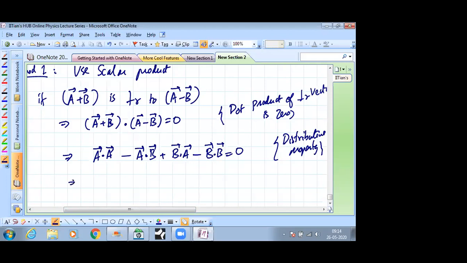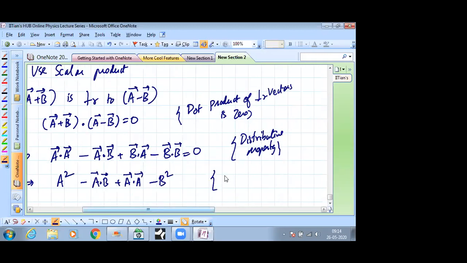Okay. Now next step, A dot A is nothing but magnitude of A square. Okay. And A dot B is the same thing as B dot A. Okay. So here I am making use of the property that one is that, and also I'm making use of commutative property.